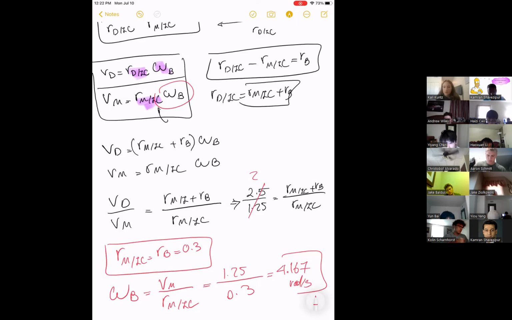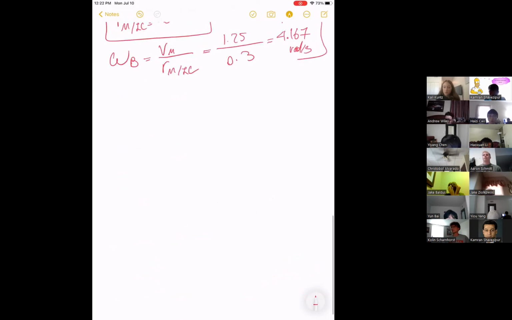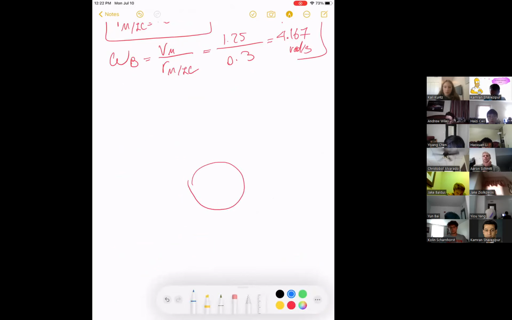So if I want to review this, are you guys still writing? We're done. If I want to review this, you have one cylinder, second cylinder, and the connection.